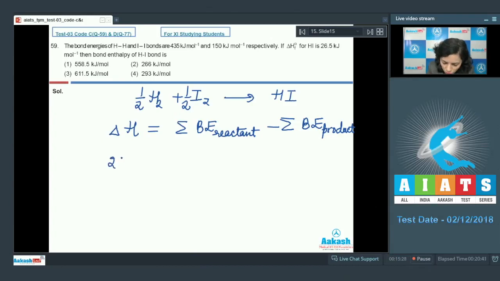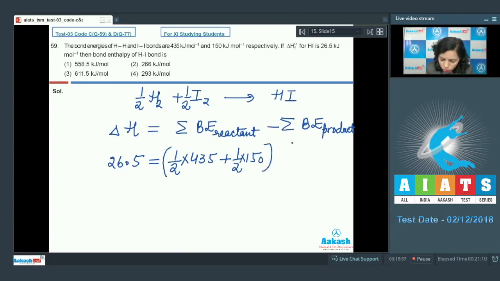Let's place the values given here in this particular equation. This delta H value is given 26.5 kJ per mole. That should be equal to the sum of the enthalpies of the reactant. So what are the reactants here? Hydrogen and iodine. So we'll take its bond energy for hydrogen as half of 435 kJ per mole plus half of 150 kJ per mole. This is the bond energy for reactant minus bond energy for the product. What is that product?